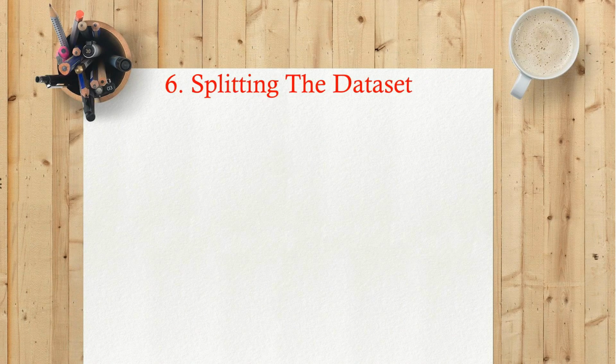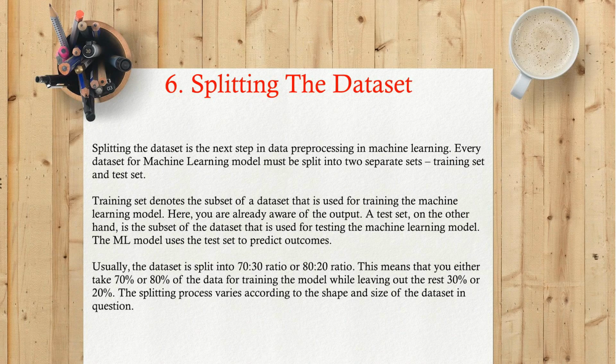6. Splitting the dataset. Splitting the dataset is the next step in data pre-processing in machine learning. Every dataset for a machine learning model must be split into two separate sets, training set and test set. Training set denotes the subset of a dataset that is used for training the machine learning model. Here, you are already aware of the output. A test set, on the other hand, is the subset of the dataset that is used for testing the machine learning model.